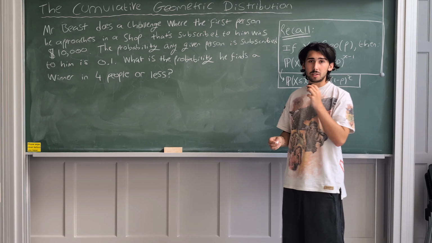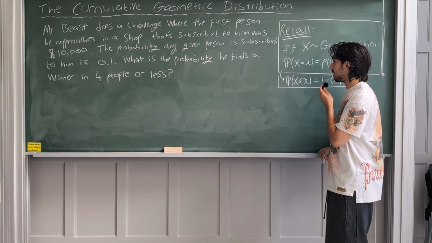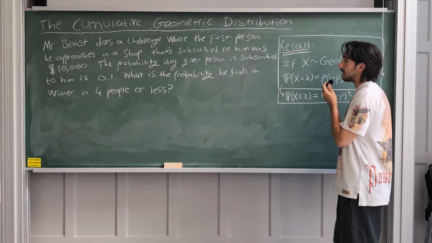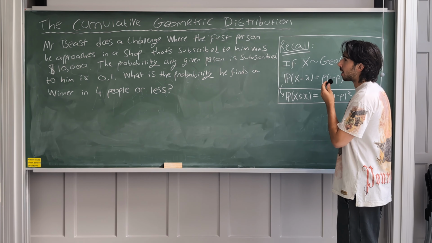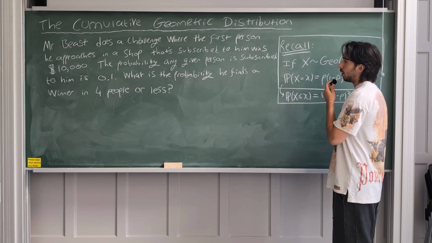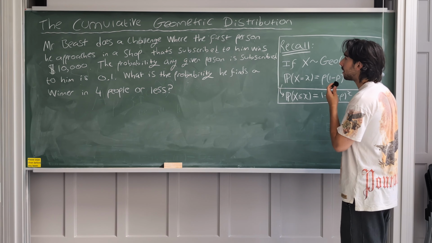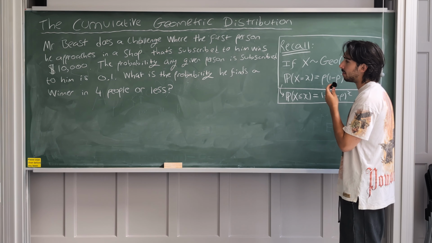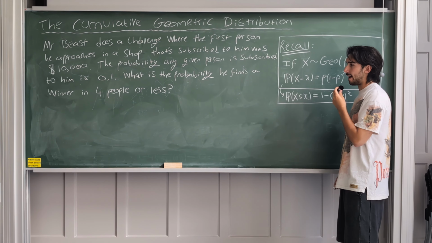Okay, so it's a bit wordy, but we can read it, it's all good. So Mr. Beast does a challenge where the first person he approaches in a shop that's subscribed to him wins $10,000. The probability any given person is subscribed to him is 0.1. What is the probability he finds a winner in 4 people or less?